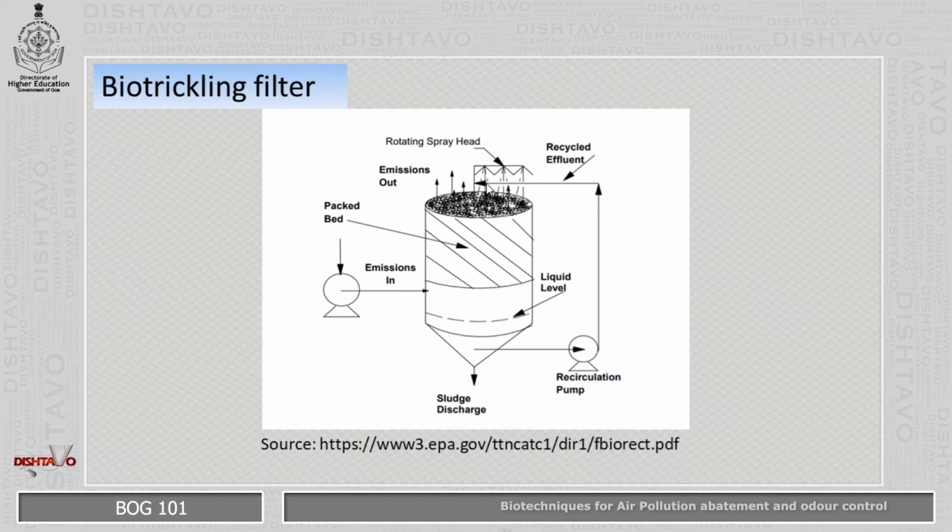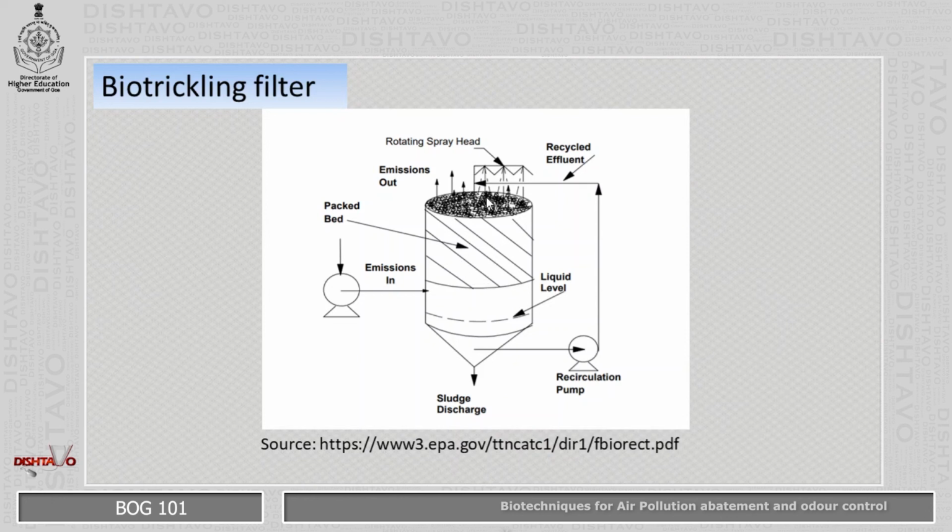Here we have the recirculation pump. It takes the sludge discharge which is given out from the vertical tank, and this sludge discharge is circulated with the help of this recirculation pump, and it will again recycle the effluents, and the pure water will again go inside this vertical cylinder.